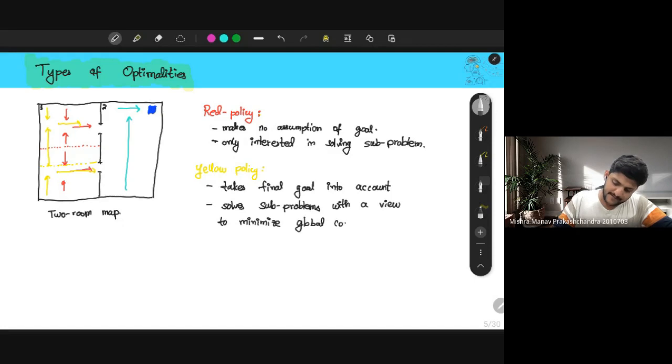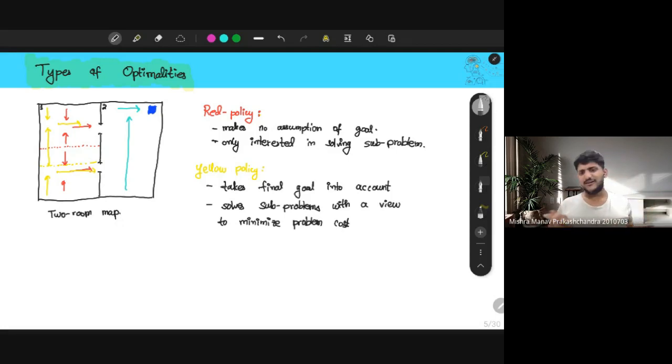Okay. So here, when I say the global cost, it means the final cost. I'm not interested in the sub problem cost, or rather, I should mention it to be the problem cost. So we have problems and we have sub problems. We have task and we have subtask.